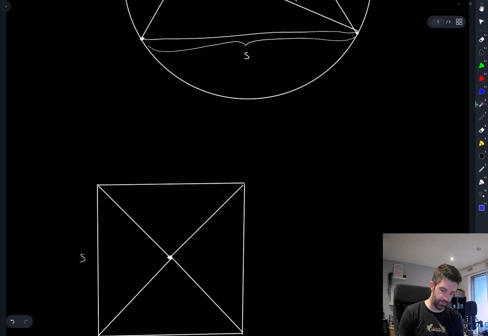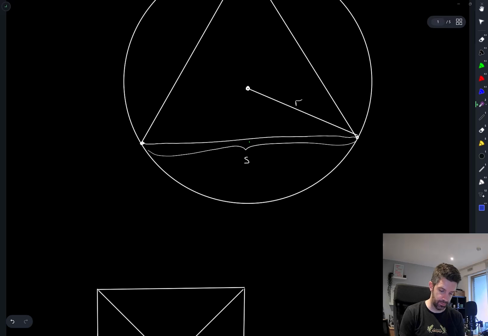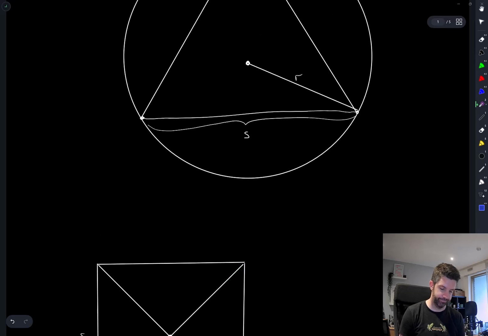Again, this distance here is not the radius, because we only see that distance. So in fact, we can figure out this distance. This is kind of complicated. This distance here is that distance there.